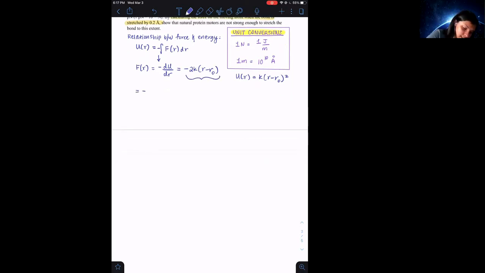That would give us negative 2 times K, which is again 200 kilojoules per mole angstrom squared, and R minus R naught, since we're stretching the covalent bond, is 0.2 angstroms. This is going to give us a value of minus 80 kilojoules per mole angstrom.